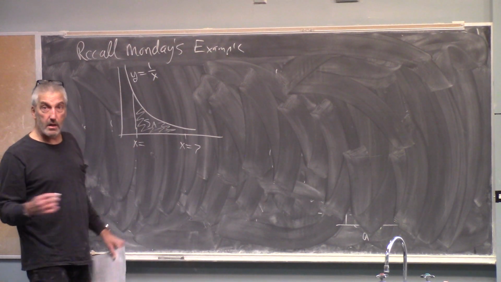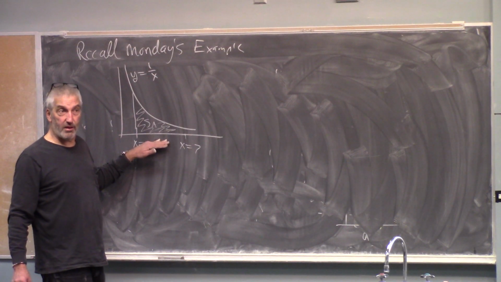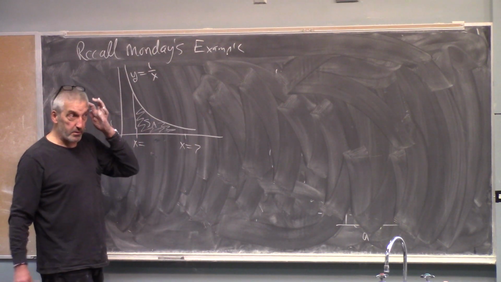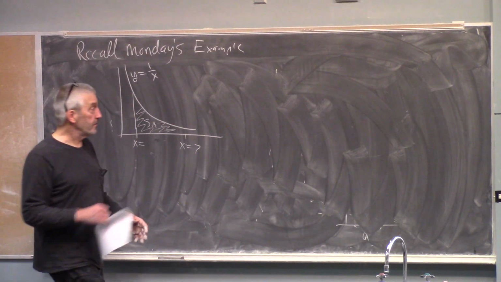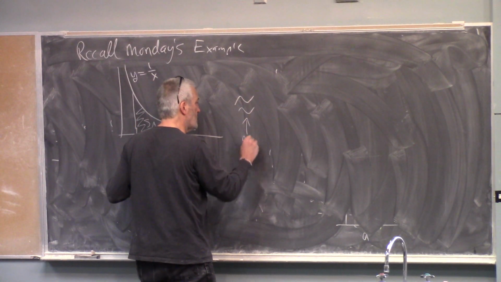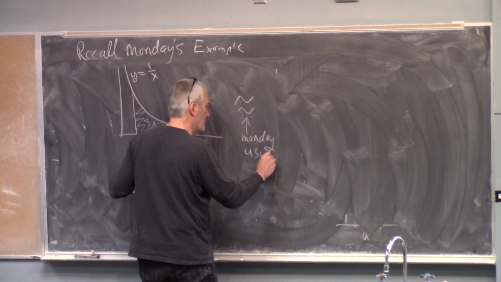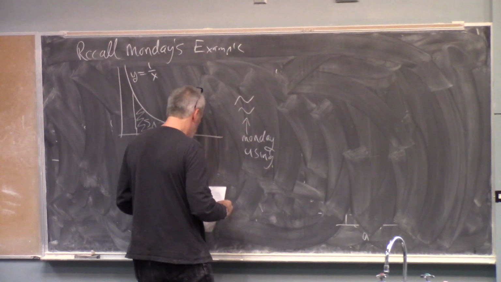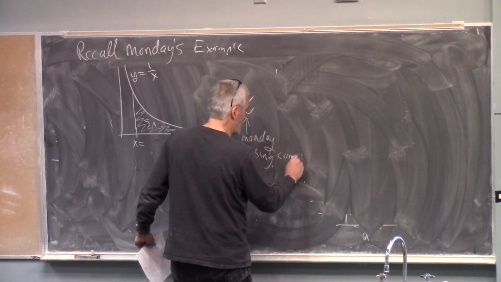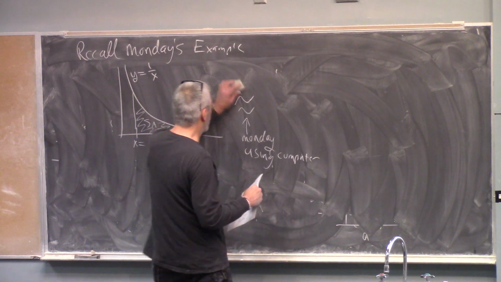Now on Monday, we did this on a worksheet with 3 rectangles and we got an approximation. And then I fired up the computer and I started using more and more rectangles. Well, actually what I should do is I should say this.